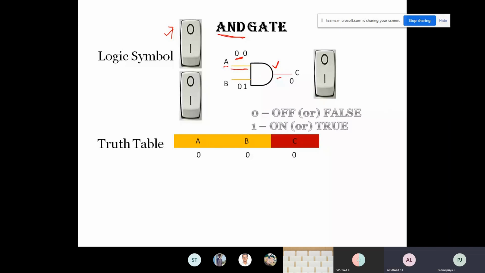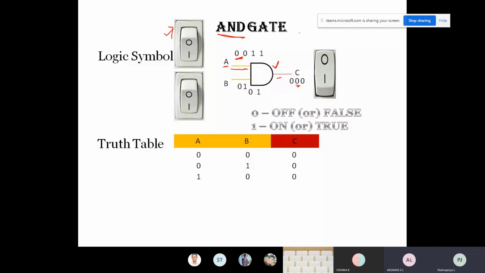Now for A 1 and B 1, the switch becomes on on both input sides, so the output will be on.